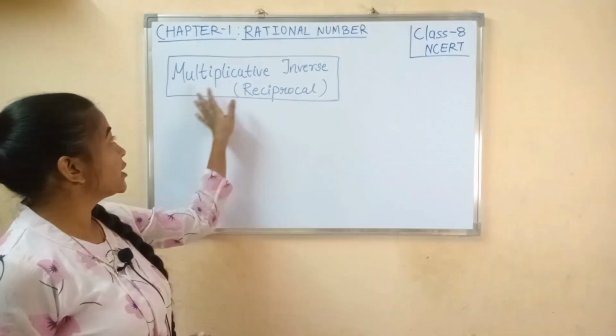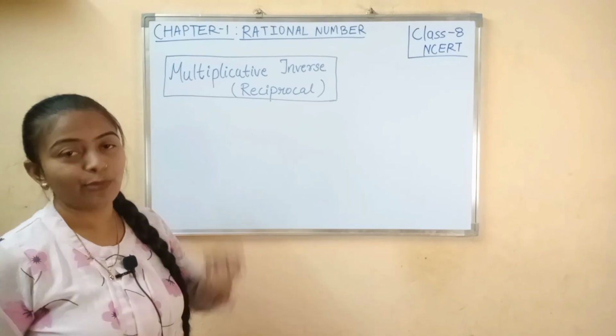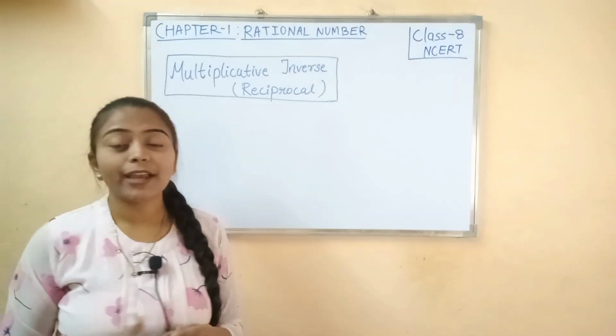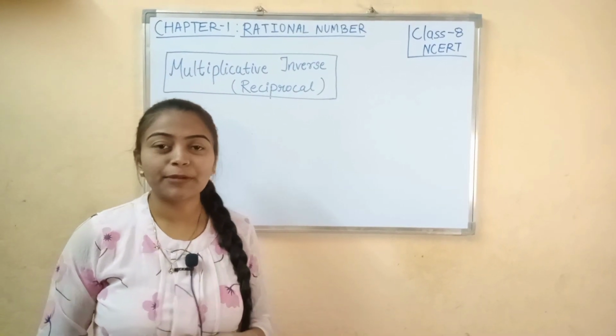Next we will study the multiplicative inverse, which is also called the reciprocal. In multiplicative inverse, what should be multiplied by a number so that we get 1?